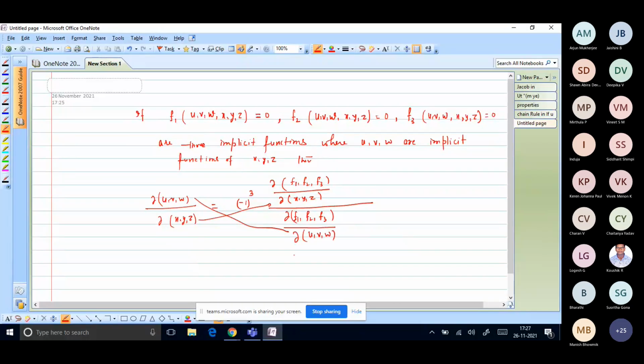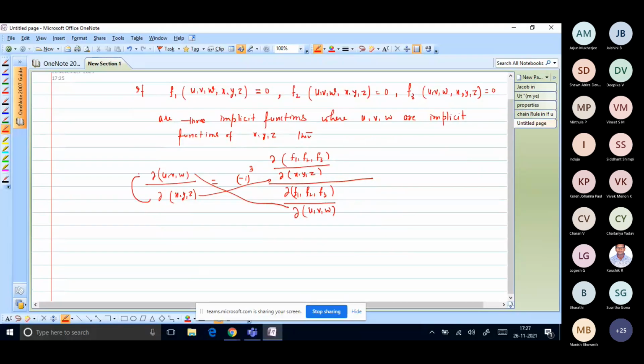Similarly, I can reverse the role. So when I write this in the numerator and the numerator as a denominator, I will get the Jacobian of x, y, z with respect to u, v, w.